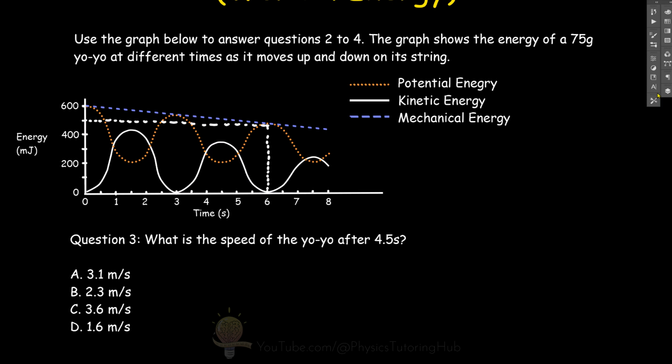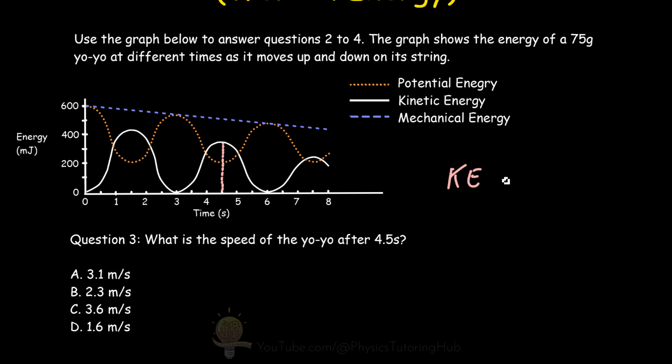Question 3 is asking us, what is the speed of the yo-yo after 4.5 seconds? Well, the only way we're going to find the speed within this system is finding out what the kinetic energy is after 4.5 seconds. Remember, kinetic energy is equal to half times the mass of the yo-yo times its velocity squared.